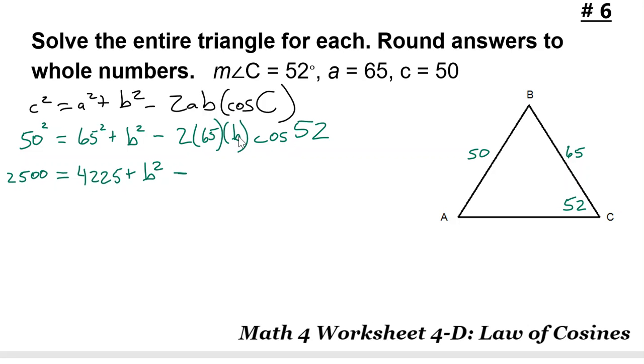So I should be able to say 2 times 65 times cosine of 52. That's going to give me 80.035. That's about 80b. Oh, I hope you see where this is going. I'm going to have a b squared, and a b term, and I'm actually going to need to subtract this 2,500 over here.